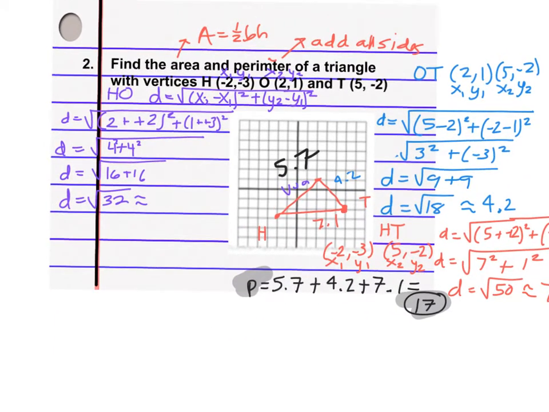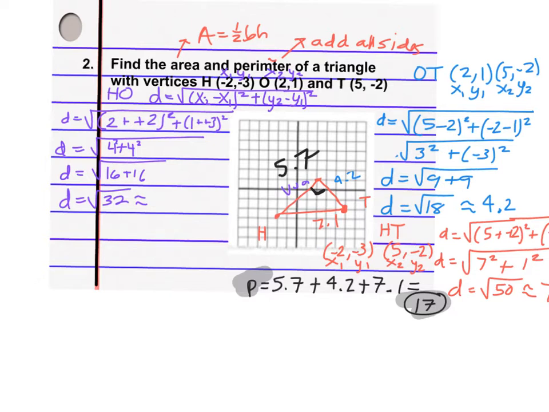So for the area formula, I'm doing 1/2 base times height, and this looks to me, we're going to check in a minute, like a right angle. So we're going to check and see if it is a right triangle. There's a couple different ways to check. The easiest way is to check the slope. So I'm going to check my slope here.